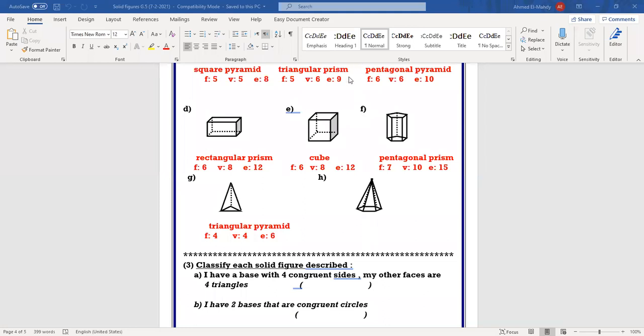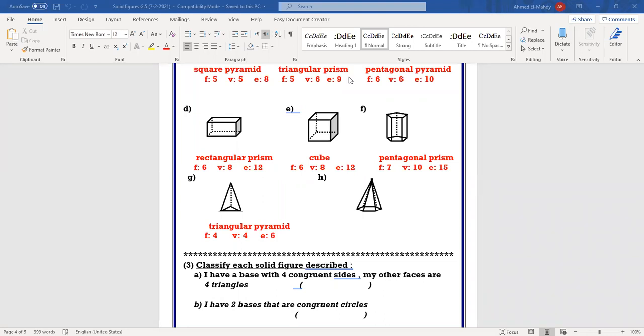The prism is the solid which has two bases, and the other faces are rectangles, and the pyramid has only one base, and the other faces are triangles. And we name the prism and the pyramid according to the name of its base.